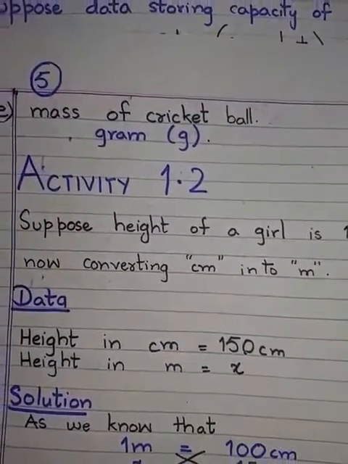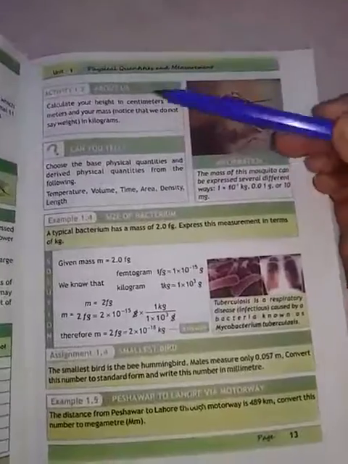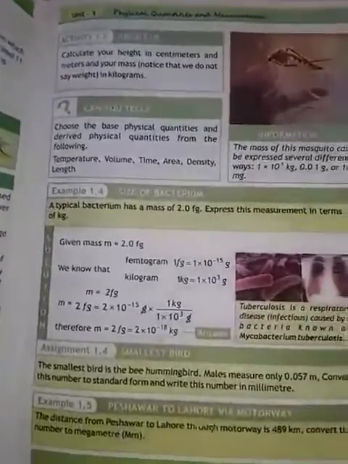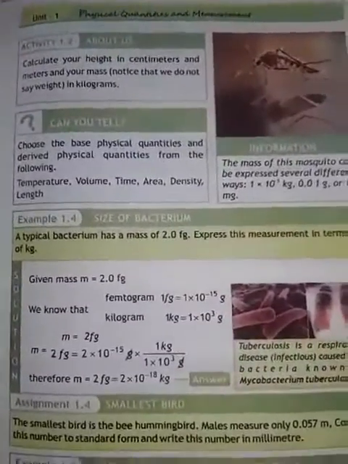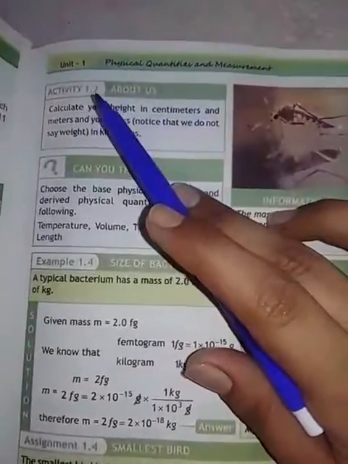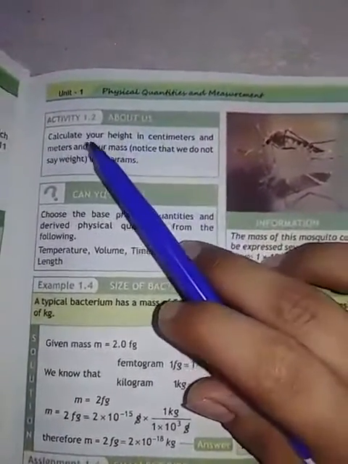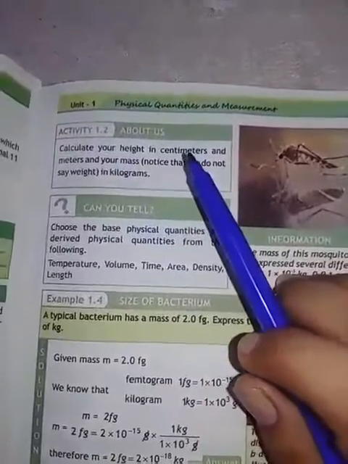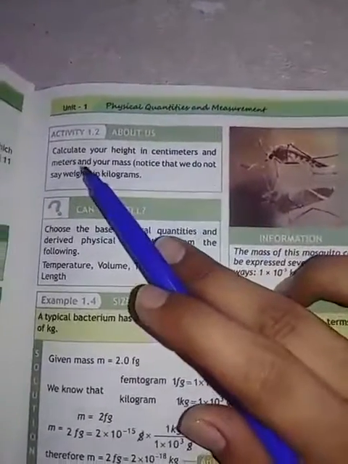Now girls, in your book on page number 13, activity number 1.2 is given. Kindly read all the information and activities given in your book. If you have any problem, you can take help from the internet as well. Activity 1.2, About us: calculate your height in centimeter and meter.